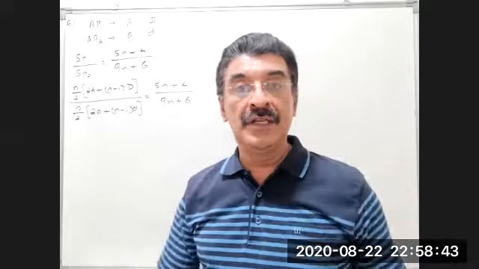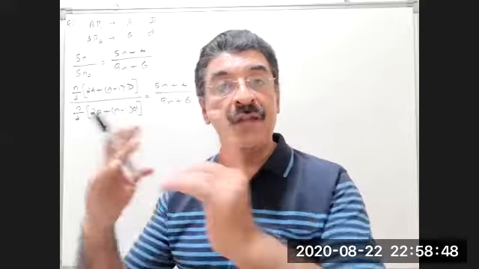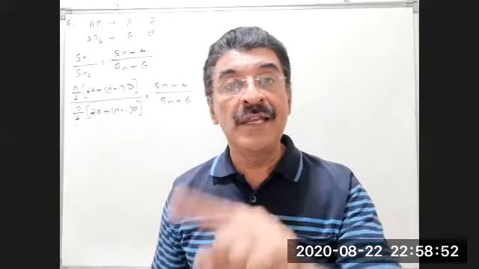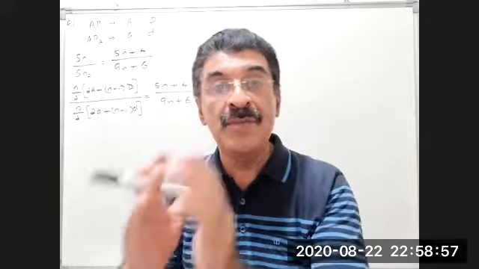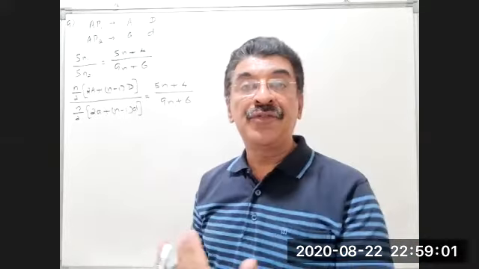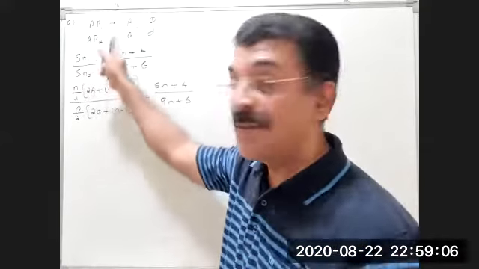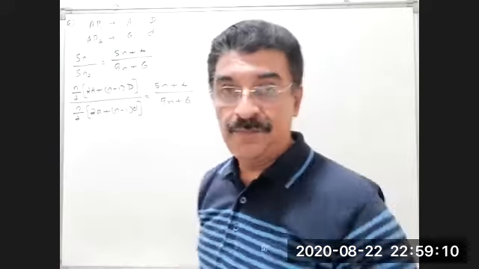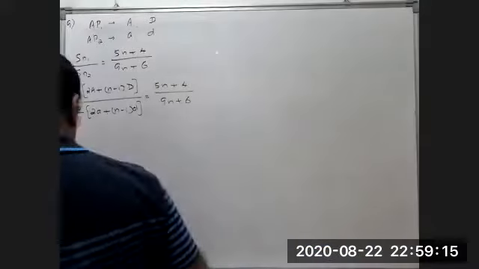For example, the sum of 10 terms of AP1 and AP2: this n will remain 10 for both, whereas the first term and common difference are different. So n remains the same.